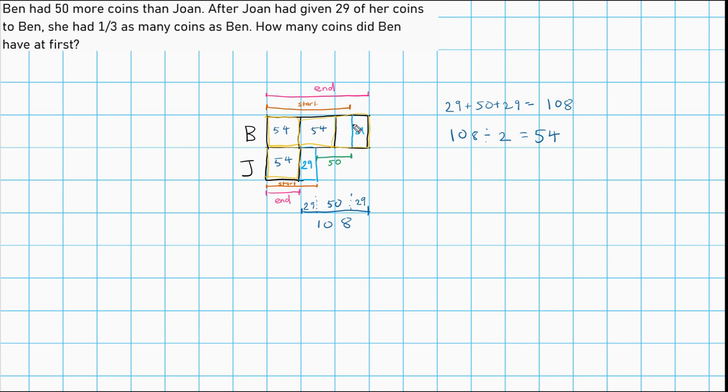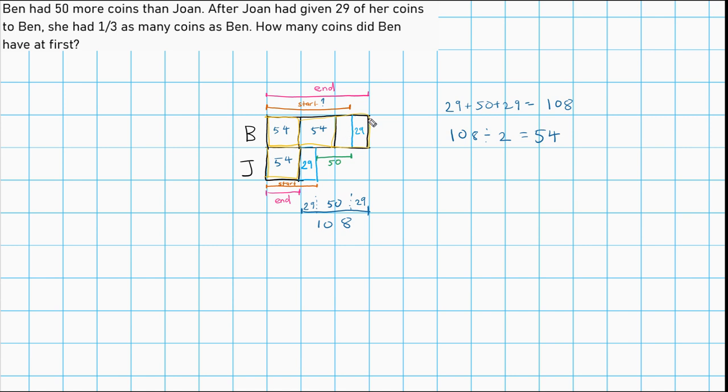We can answer the question. We're asked, how many coins did Ben have at first? So at first, that's this bit here. Actually, when I said we had values for everything, we don't have a value for this part, but we can calculate that.